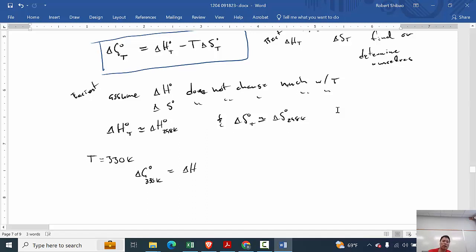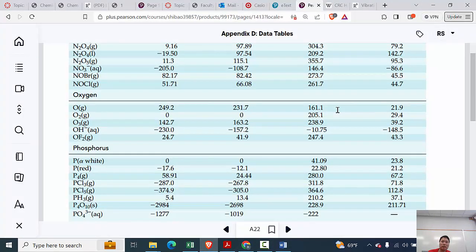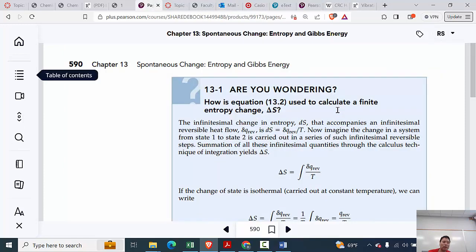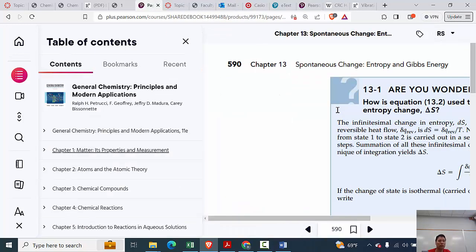Do you guys remember delta H? Did the book cover it? Let me go back to my other window, and we'll take a look at this here.